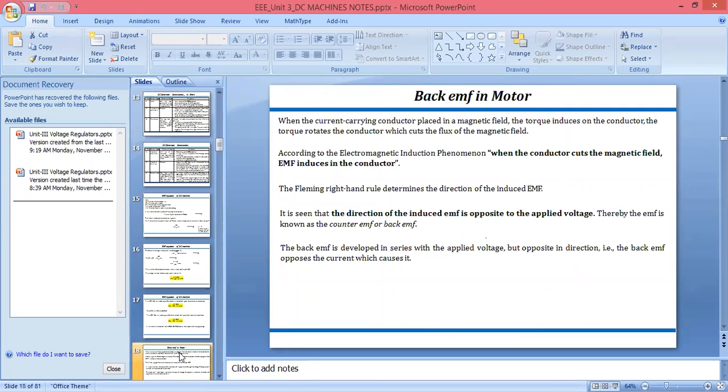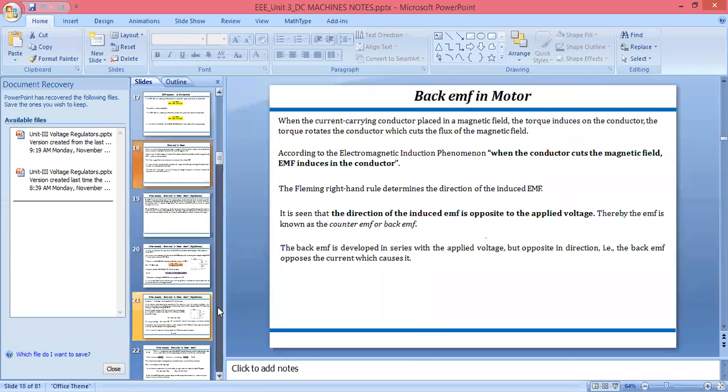Then we have studied why back EMF is necessary. We have seen that concept because we know when a conductor cuts the magnetic flux, according to Faraday's law EMF will get induced, and we can derive the direction according to the Fleming right hand rule.